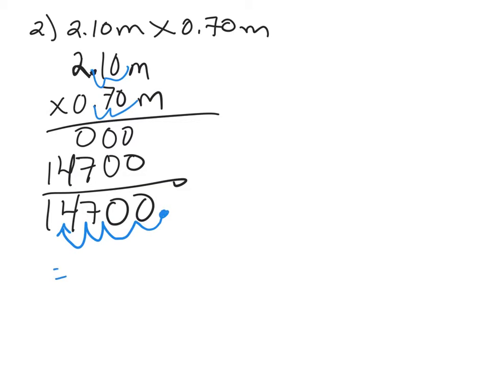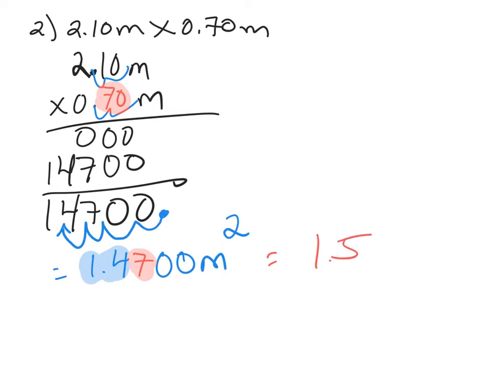And so our calculated number is 1.4700 square meters, but our multiplied numbers, 2.10 has 3 significant figures, 0.70 has 2, so our answer needs to be to 2. 1, 2. The third digit is a 7, which makes that round up to 1.5 square meters.